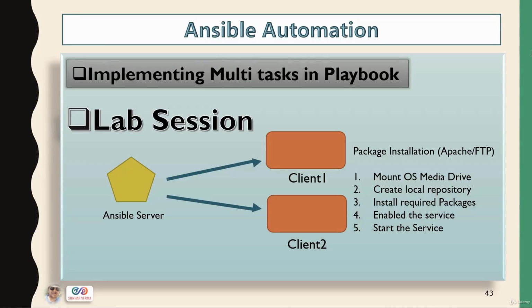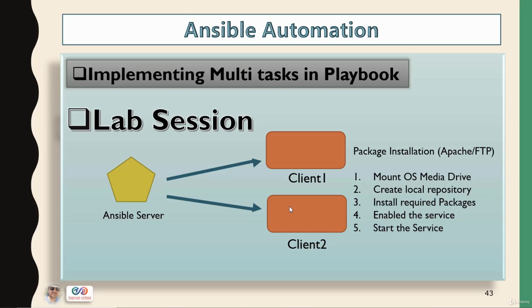In this lab session, I am going to discuss a few more important points about the multitask in a playbook. In the previous lecture, I had created a playbook with multiple tasks. So here we have it. And suppose I am running that multitask playbook for these 2 clients, client 1 and client 2.